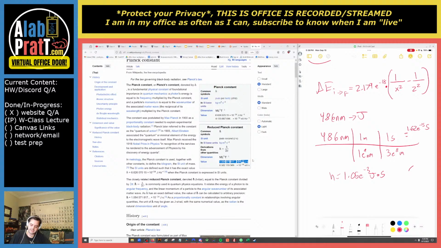wave, or what I'm effectively saying is that the speed of light, which is meters per second, if I have a wavelength in meters and I divide that by meters per second.